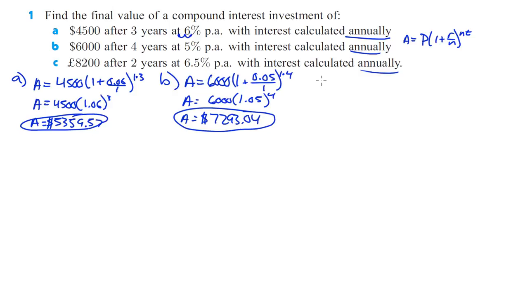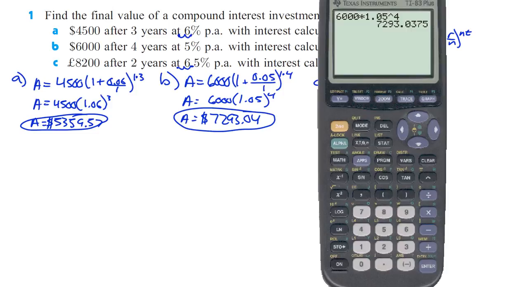All right, and then part C. Now it's just changed from dollars to pounds. No big deal here, same calculations. So A equals 8,200 times, and again there's our decimal, move that over twice, so it's 1 plus 0.065 calculated annually, so that's 1 compounding period, all times 1 times, and this is at 2 years, so our calculation is going to be 8,200 times 1.065 to the second power.